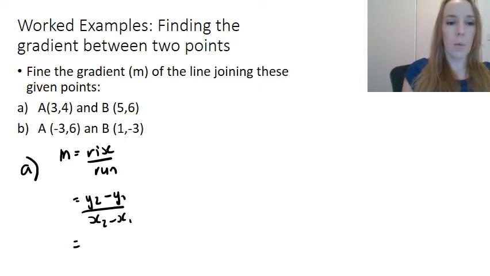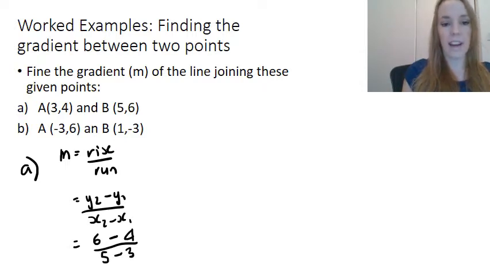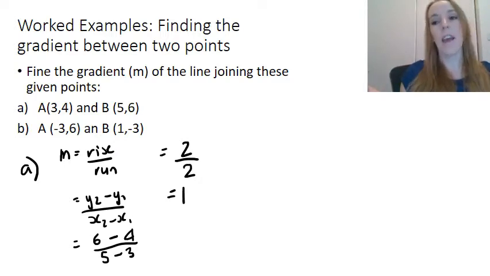So y2 in our first example is 6, y1 is 4, x2 is 5, x1 is 3. Again, you're going to work down the page. I've just run out of space, so I'm going to do it beside it. So 6 take 4 is 2, 5 take 3 is 2. So 2 divided by 2 is 1. So we've got a positive gradient there of 1.